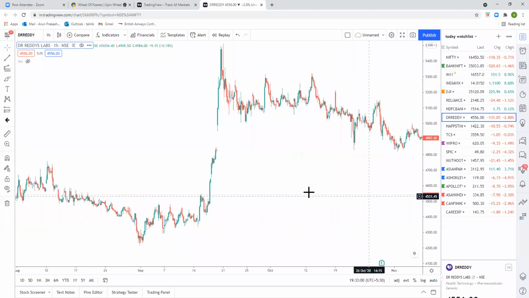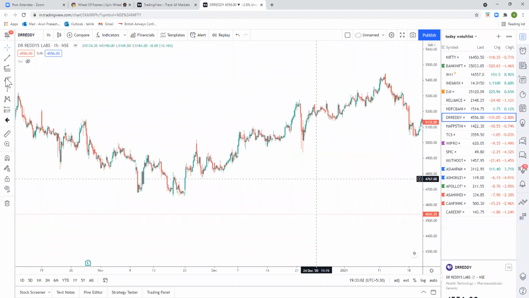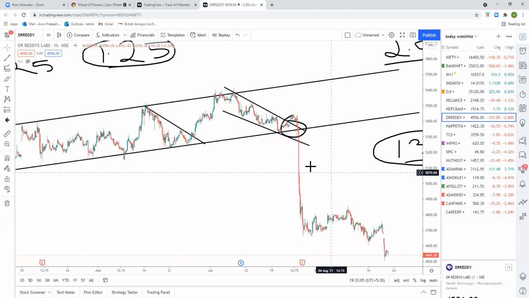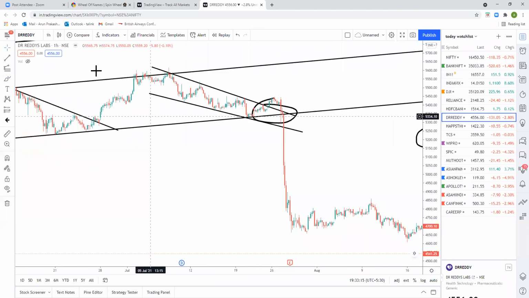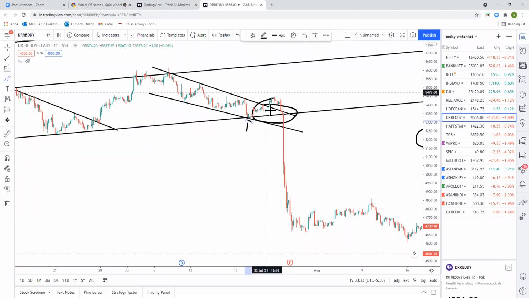At these levels, breakouts will not work, so it is better to stay away from these stocks during that time. If you had already entered here or here, it is a stop loss hit trade. Nothing can be done. Either you avoid it, or if you entered on the breakout, it's just a stop loss hit trade.